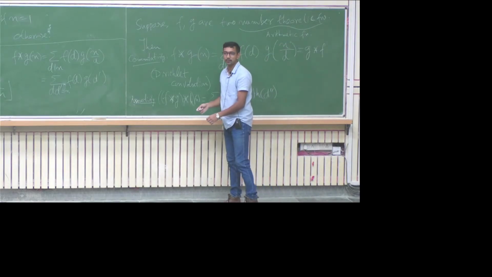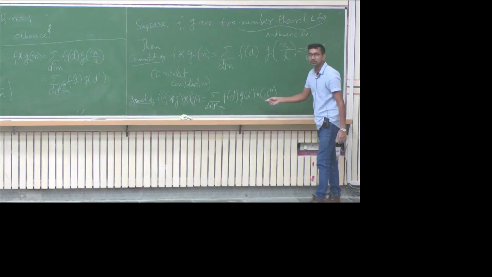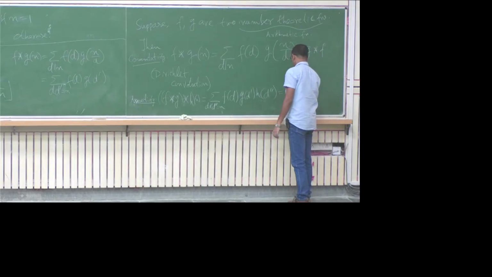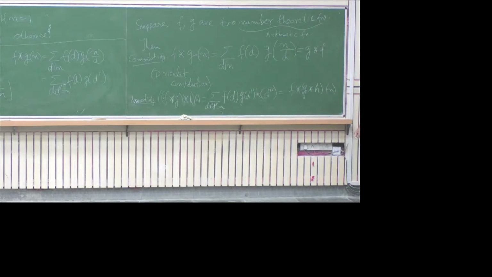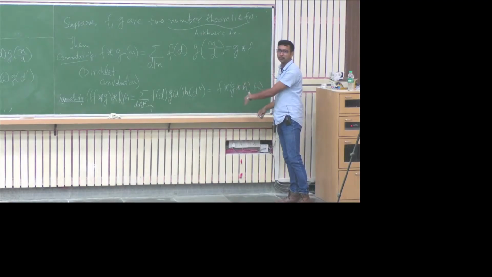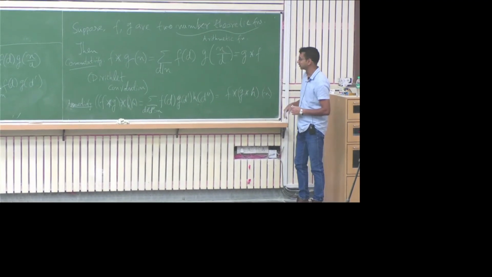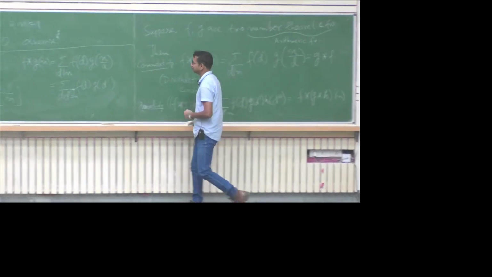Basically you are also doing the same, but this gives off the associativity immediately. So this can be written as f star g star h of n. That's just one line. I'll do the computation. It's very nice. Okay, now an immediate application of the associativity.